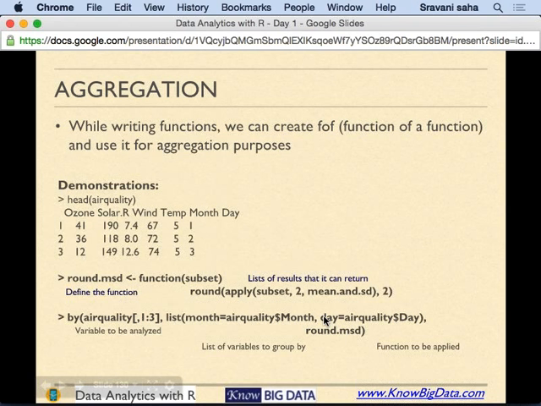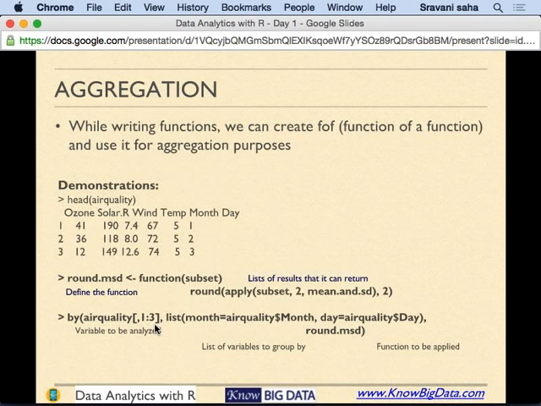Whatever data set comes along after aggregation, you get multiple columns, multiple values. For each month, each day, you will get multiple values. Earlier, if you remember, instead of air quality columns 1 and 3, we were just returning one vector. Here it's a data frame.